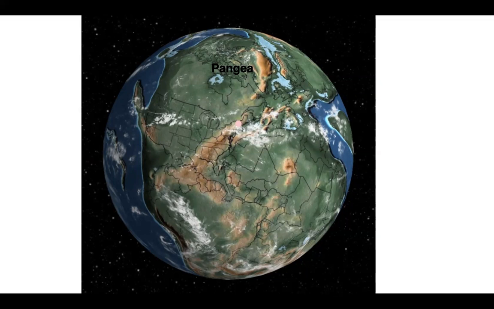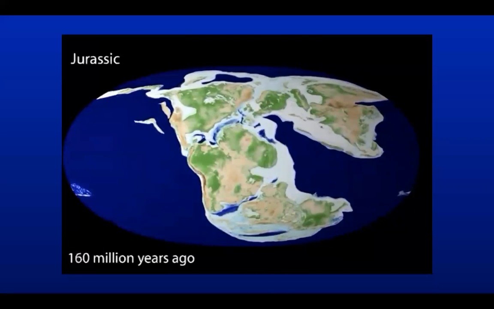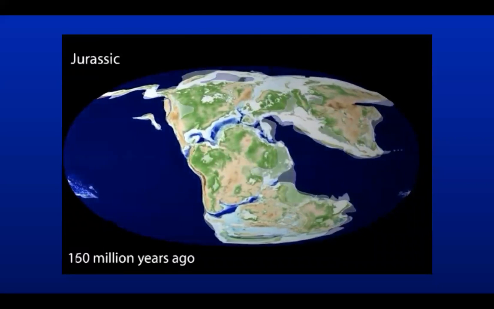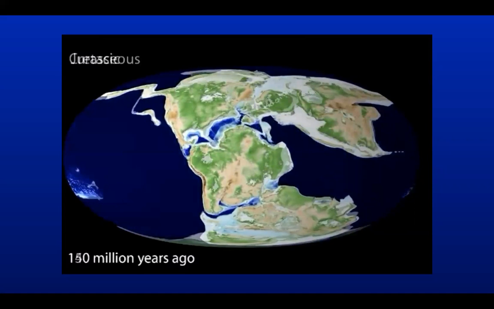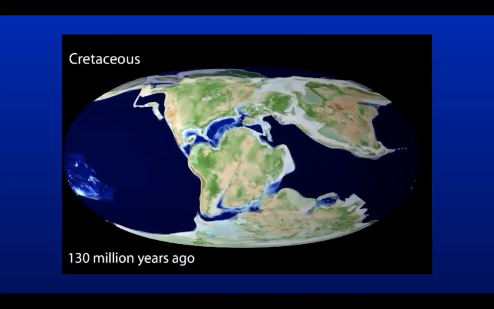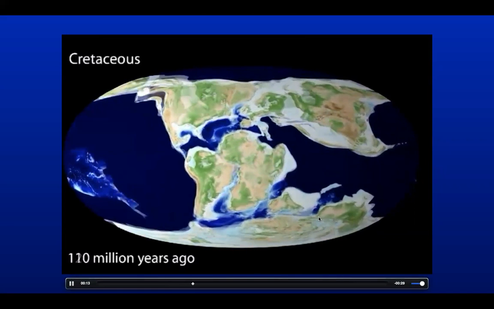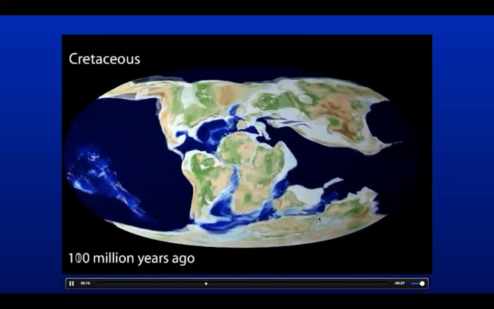The story began approximately 300 million years ago. According to geological researchers, there was only one continent called Pangaea. And Pangaea started to break apart just 200 million years ago. As you see, 7 continents were formed.